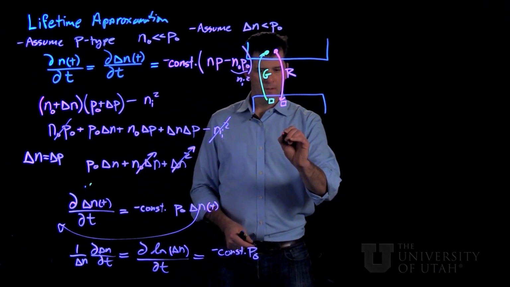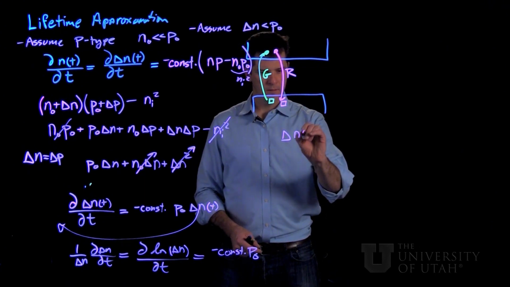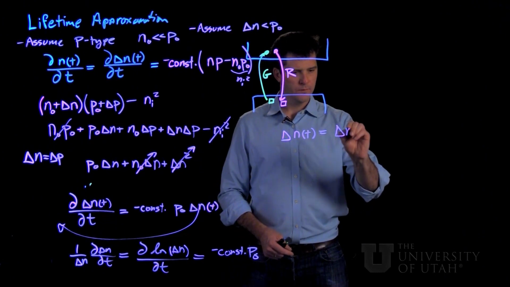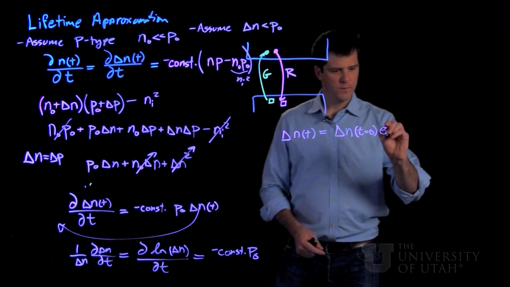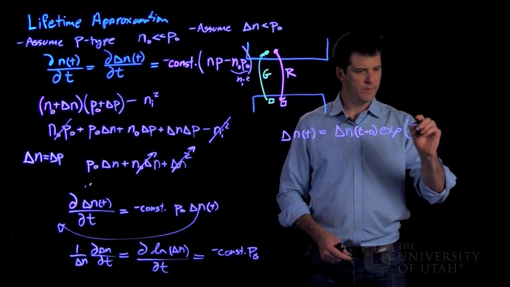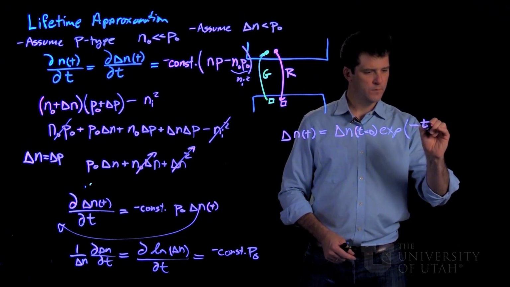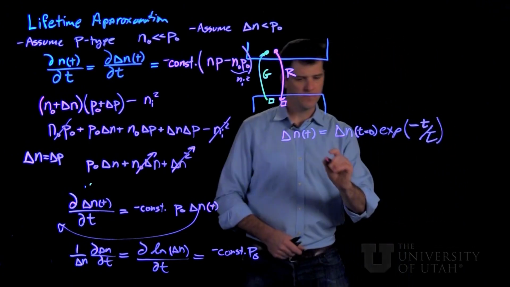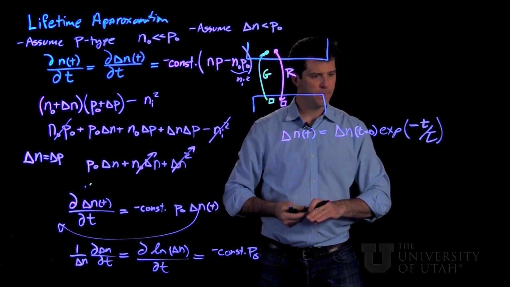So delta n of t is now given by delta n of t equals 0 exponential to the minus t over a lifetime tau. This is where the lifetime approximation gets its name.